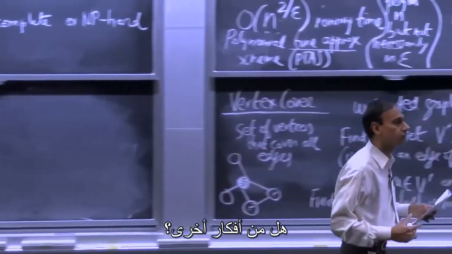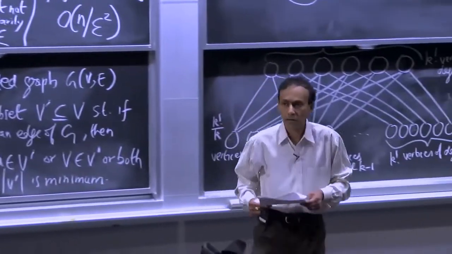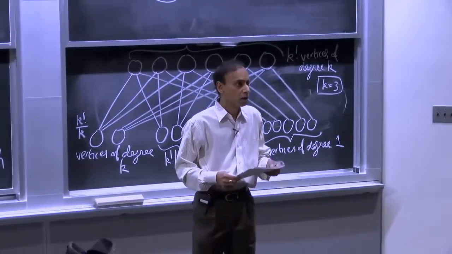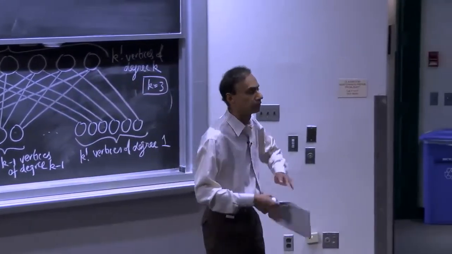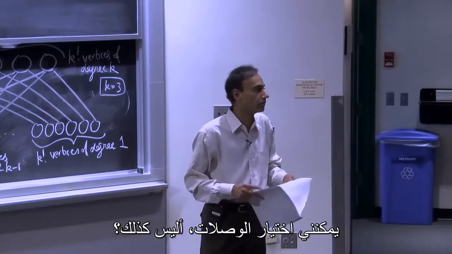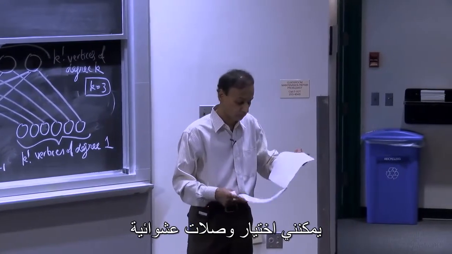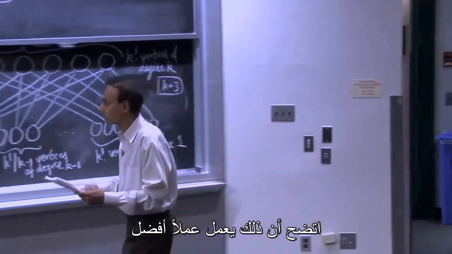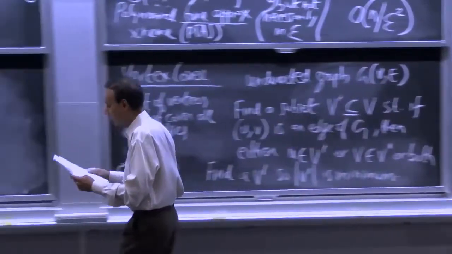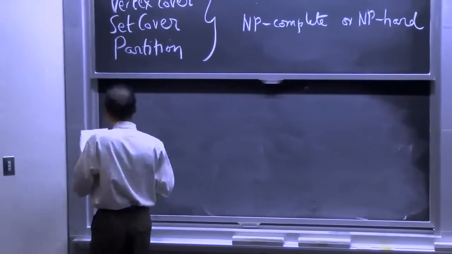Any other ideas? So I picked vertices. What else could I pick? I could pick edges. So I could pick random edges. It turns out that actually works better from a theoretical standpoint.